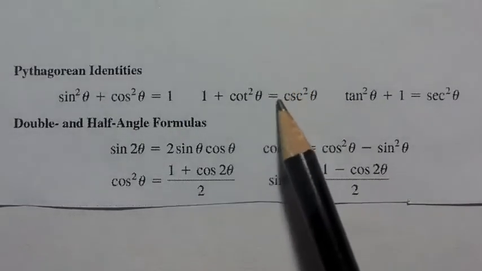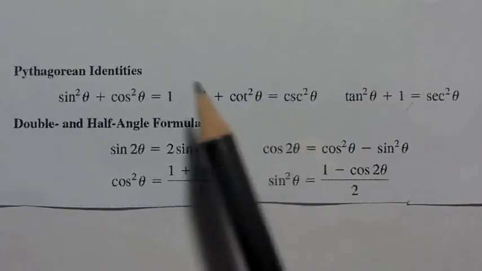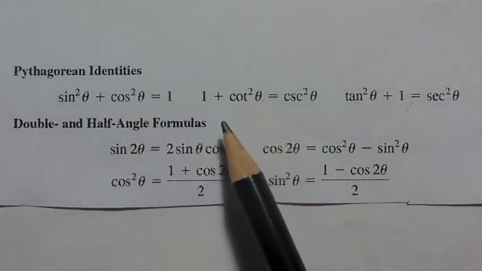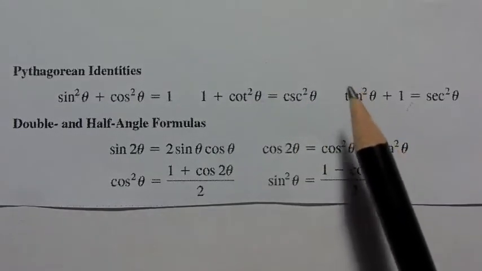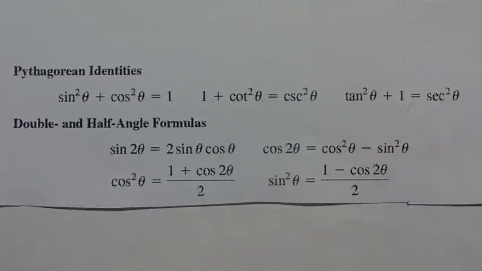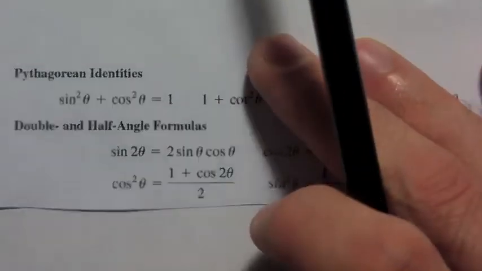These two actually come from this one. 1 plus cotangent squared theta is equal to cosecant squared theta, and tangent squared theta plus 1 is equal to secant squared theta. Where does this come from?